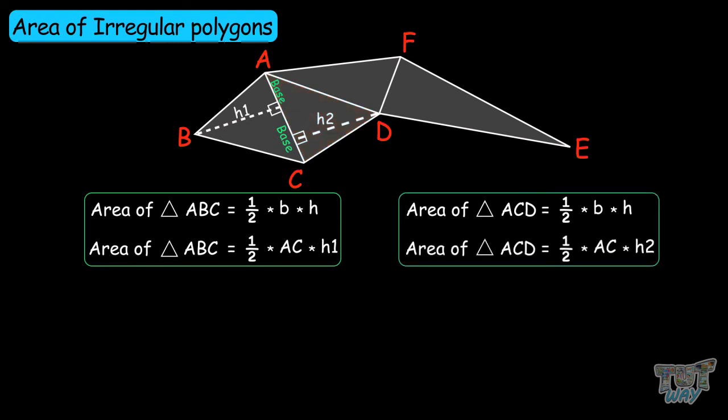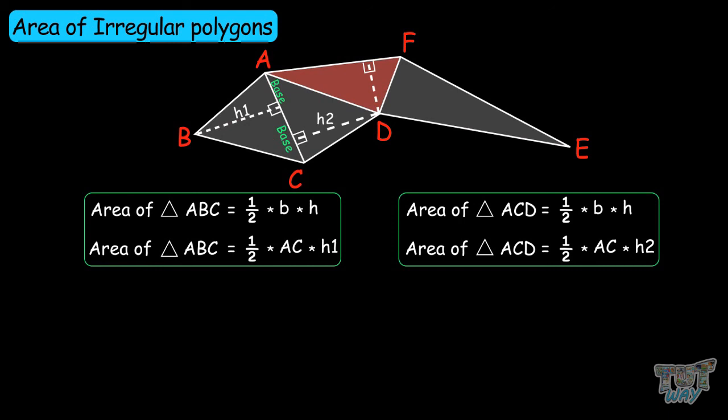Similarly for triangle 3, which is ADF, we will be drawing a perpendicular from vertex D to base AF. You can choose any vertex from where we should draw the perpendicular to its opposite side, and the opposite side will be the base. We have chosen the vertex D and its opposite side AF, so we draw the perpendicular from D to AF.